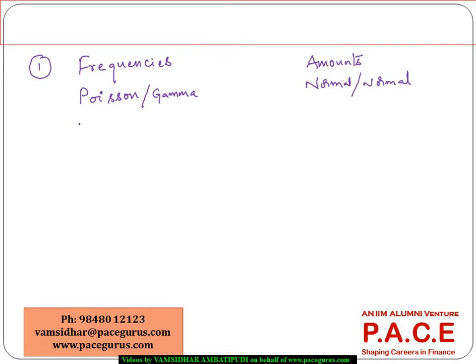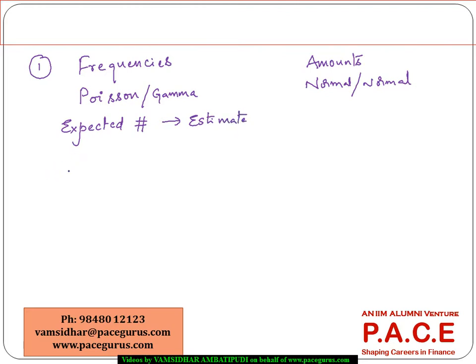Now, if I understand this in a simpler sense, when I look at the frequency, here I am making an assumption about the expected number of claims in a particular year. In the coming year, I want to estimate the frequency of the claims for the next period.